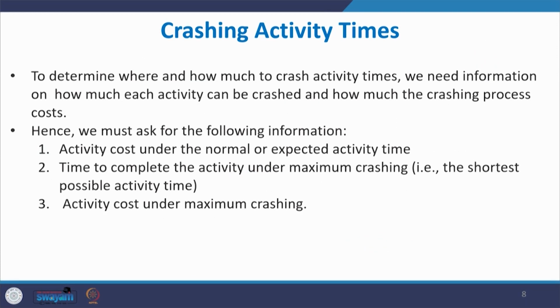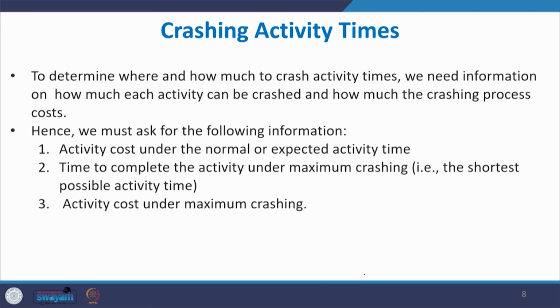So, to determine where and how much to crash activity times, we need information on how much an activity can be crashed and how much the crashing process costs. So, we need to have the time and the cost. Hence, we must ask for the following information.